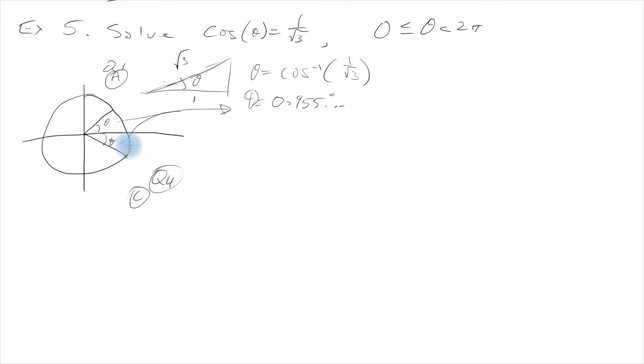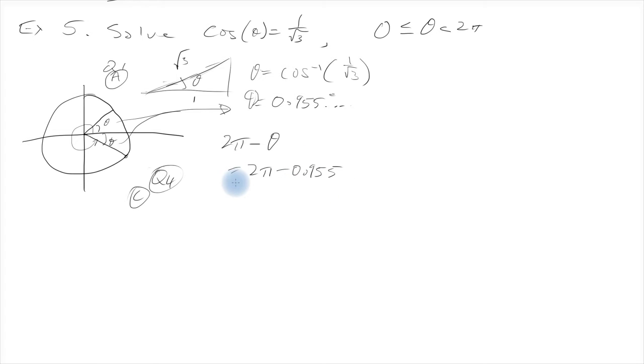Here, the angle has to start here and go all the way around, which is 2 pi, the full circle, minus our answer. So in other words, that is 2 pi minus 0.955. We can put that into a calculator to get a purely decimal answer if we like.